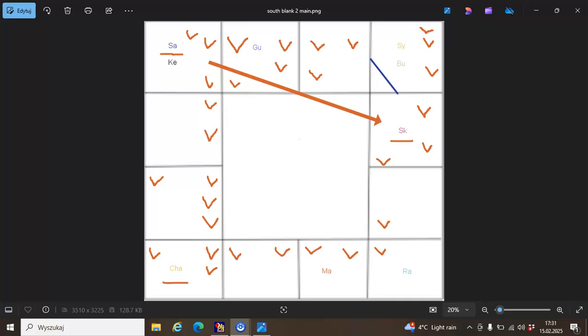The owner of Mesha is Mars or Mangala, which is found in the sign of Tula or Libra, 7 signs away from Mesha, the sign which Mangala owns. So this is an exception.